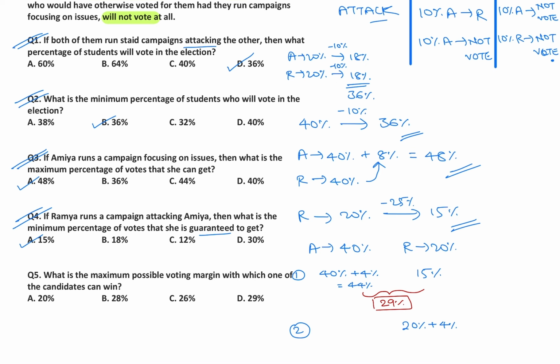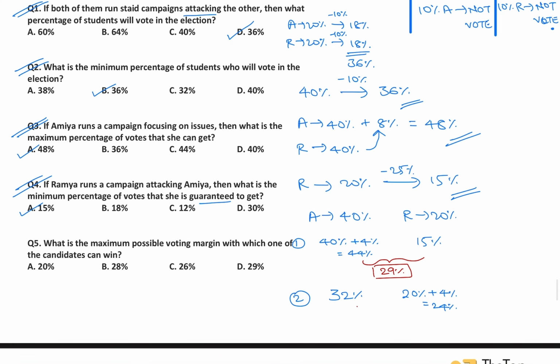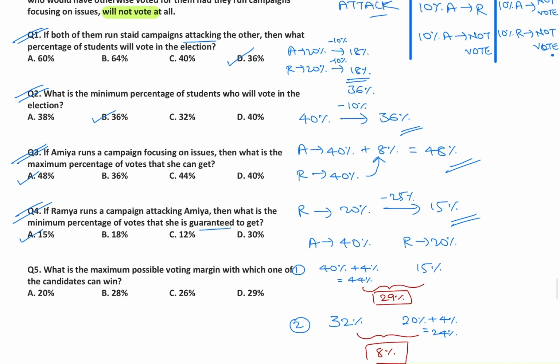So all in all, this will be 32% that will be left, and this will give me 24%. So the margin that I'm looking at here is 32 minus 24, that is 8%. So obviously we can ignore that. Let's look at other cases.